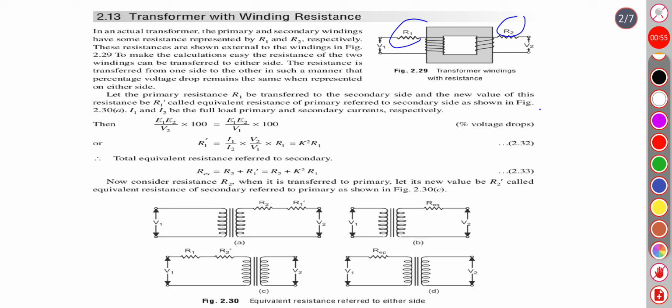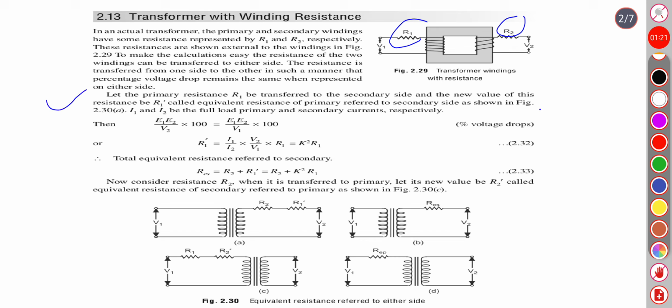To make the calculations easy, the resistance of the two windings can be transferred to either side. The resistance is transferred from one side to the other in such a manner that the percentage voltage drop remains the same when represented on either side.